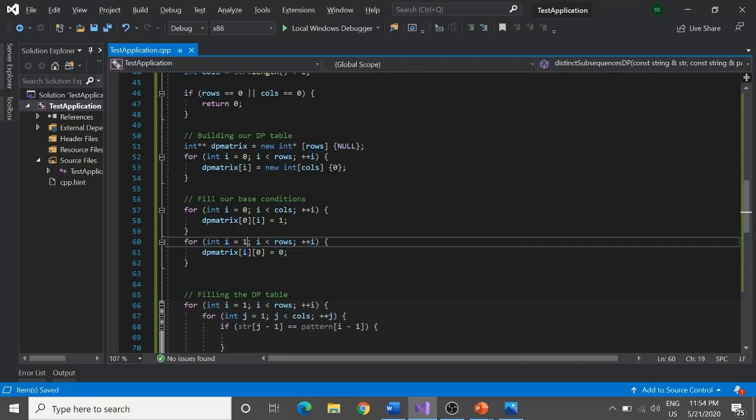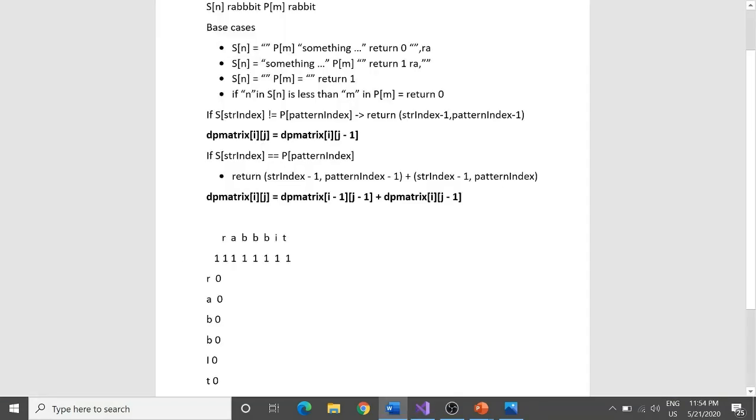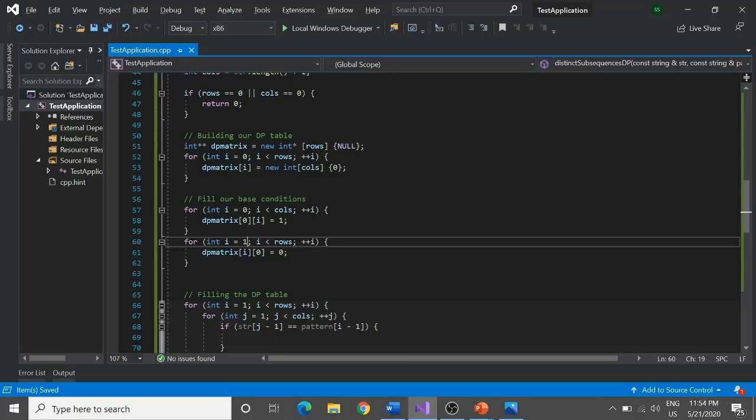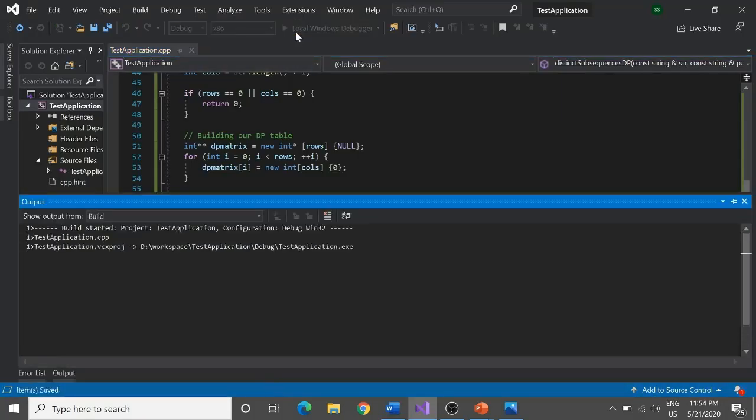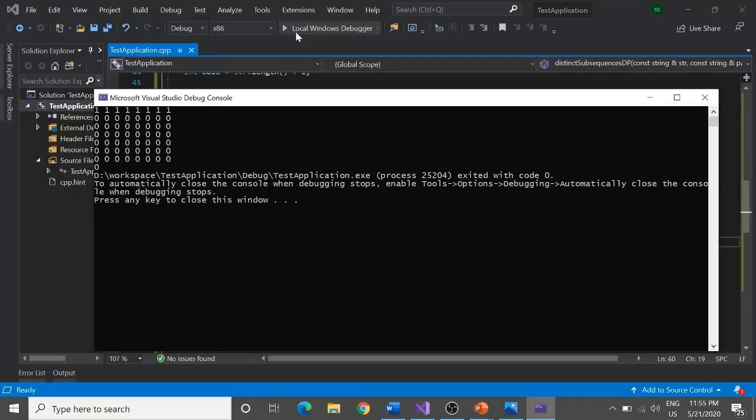I wouldn't be doing it with 0 because the answer to 0 0 is 1. I need to start from the first row till the end row in my 0th column. So that's what I have done over here. Let's see whether the contents in my DP matrix are correct or not. Yes, they are correct. So we do have all the ones in my first row, and all zeros in our first column except this 0 0.